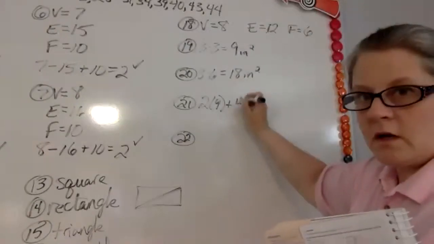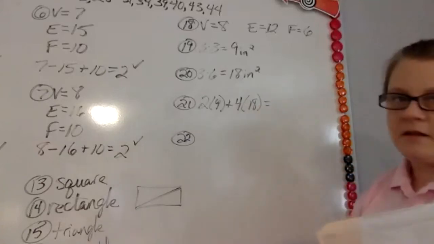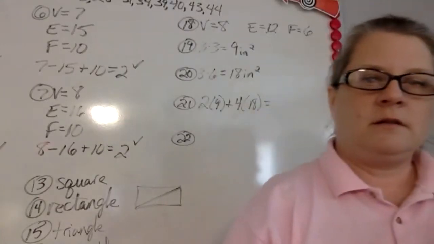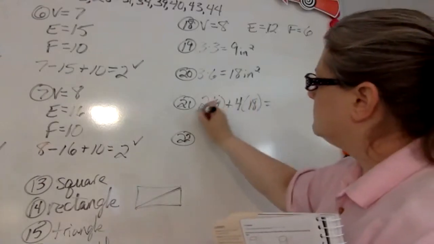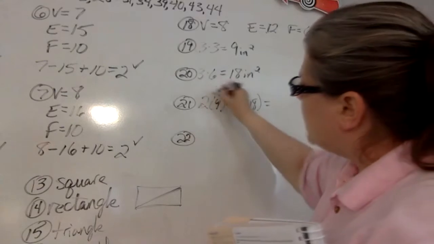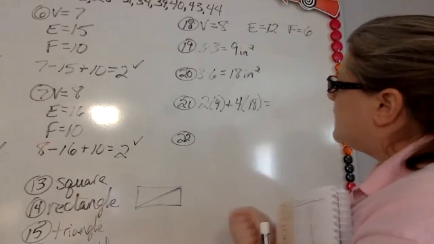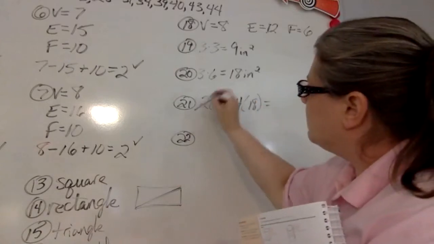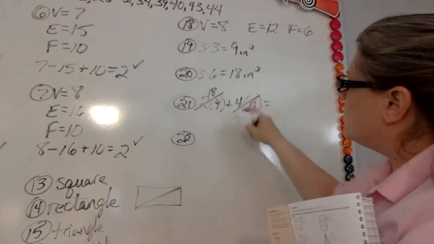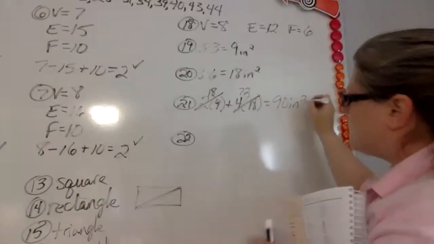So I have 4 times 18, and then I'm just going to add those 2 answers together. 2 times 9 is 18. And 4 times 18 is 72. So you got 90 square inches of wax paper.